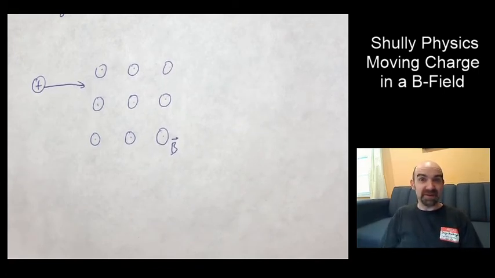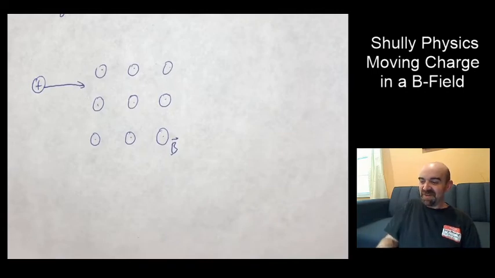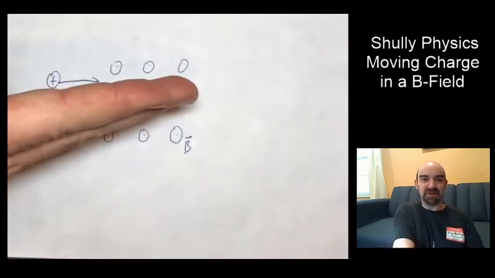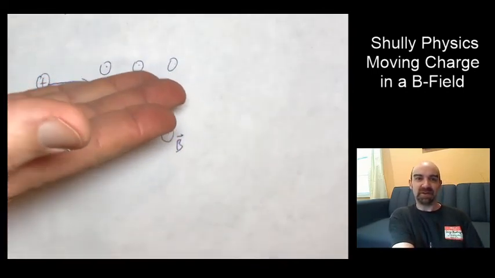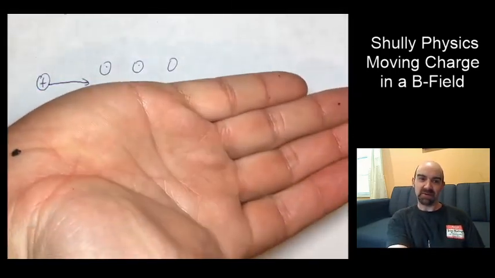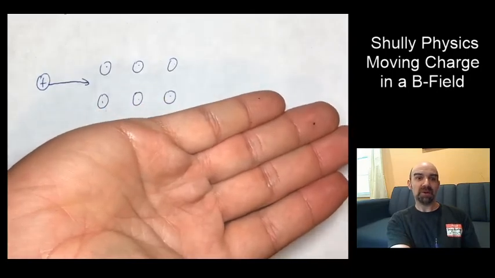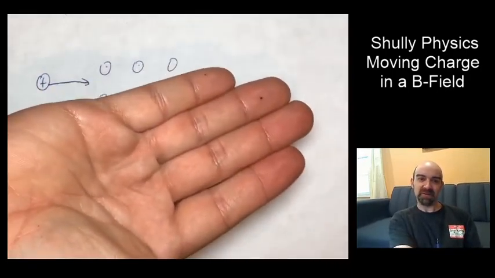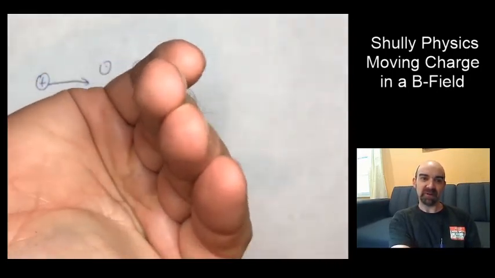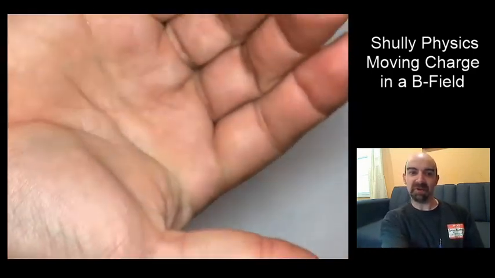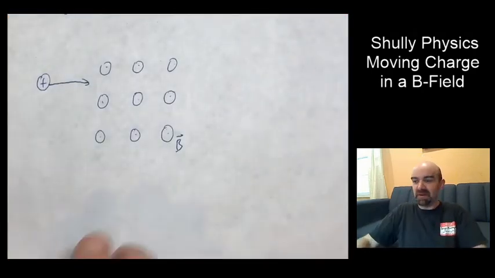So anyway, I'm going to take my hand, put it in the direction of the moving charge, and twist myself around here. And I need to rotate my hand towards the little speck there, towards the direction of the magnetic field. Rotate my fingers that way, so that's the direction of the magnetic field. And my thumb here, if I could rotate it correctly.